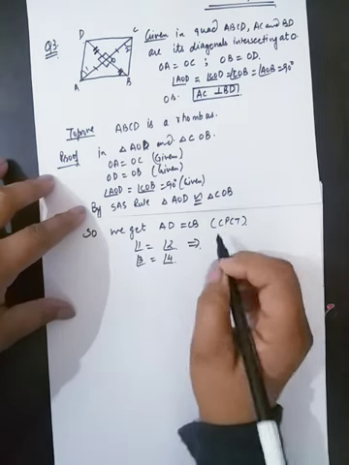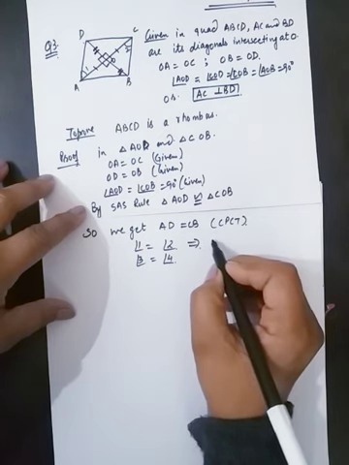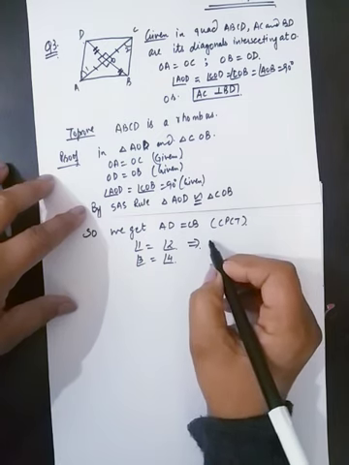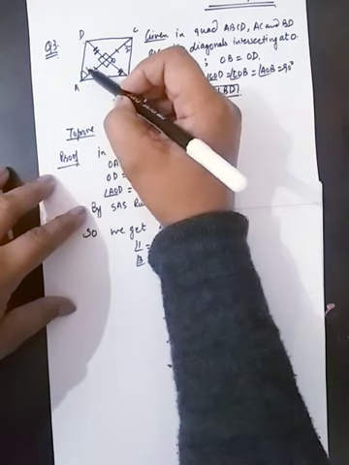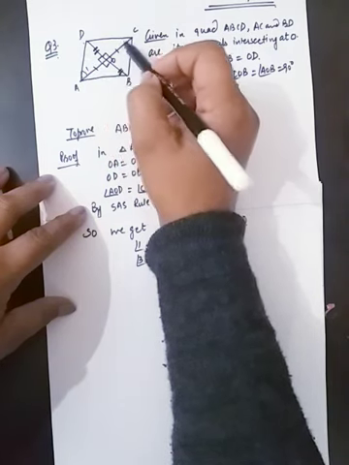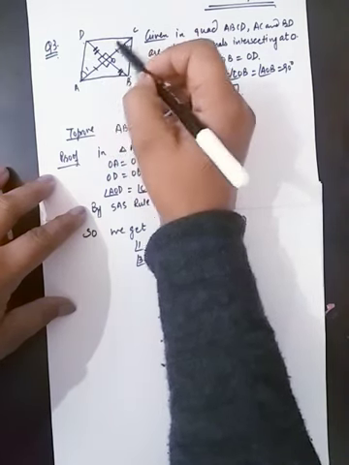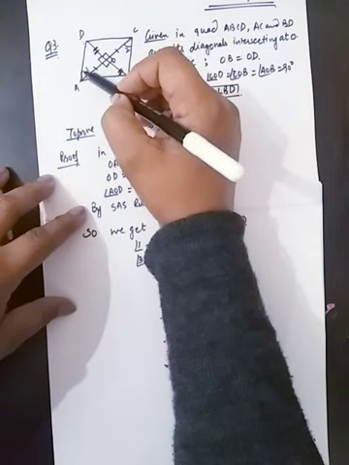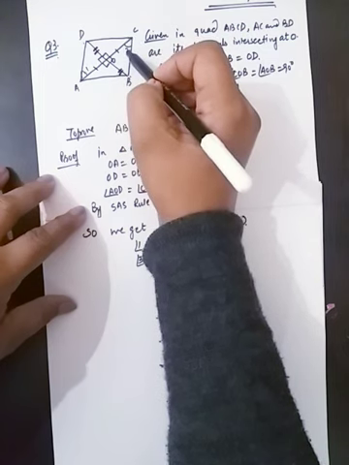Angle 1 is equal to angle 2 gives you that, because we can see here AD and BC are two lines and AC is the transversal, and here the alternate interior angles are equal.